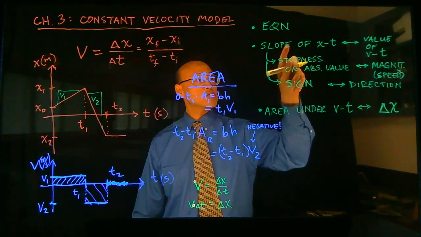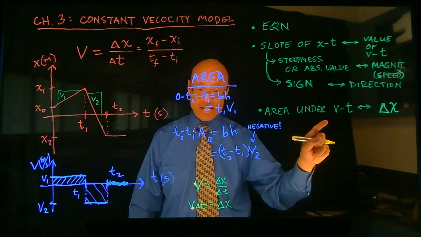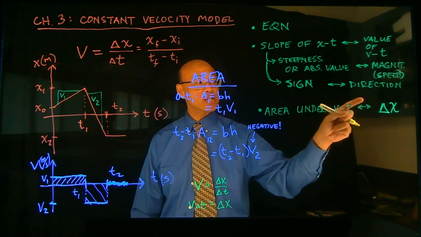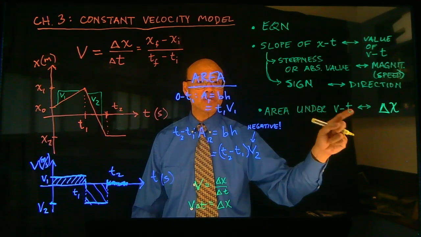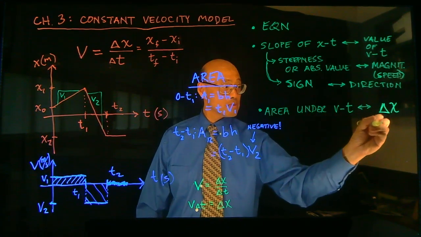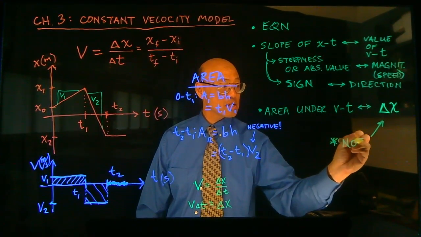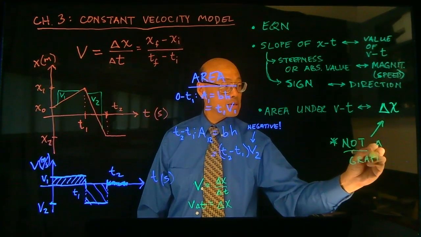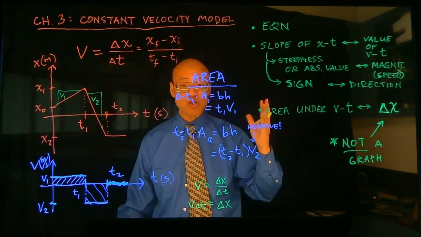Notice, slope tells you a value on a graph. Area does not tell you a value on a graph. It tells you how much the values in that graph changed. Warning, this is not a graph. Some students, their brains want to see structure.